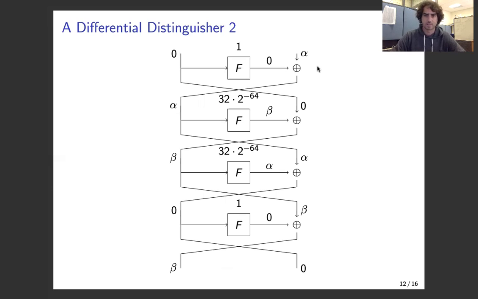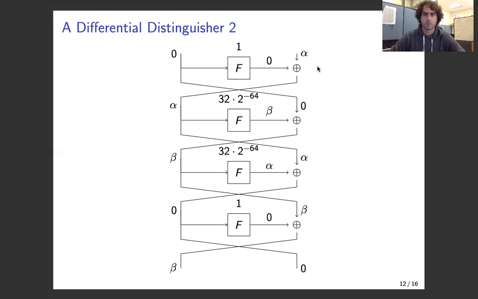So does this distinguish the cipher? For that, we need to first look at one other thing, because we need to distinguish it from a random permutation on 128 bits. We can also create a DDT for that permutation, or we can see the differential probability of going from an input difference to an output difference in the DDT.